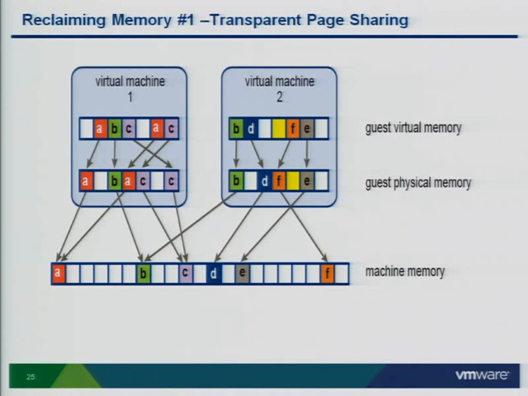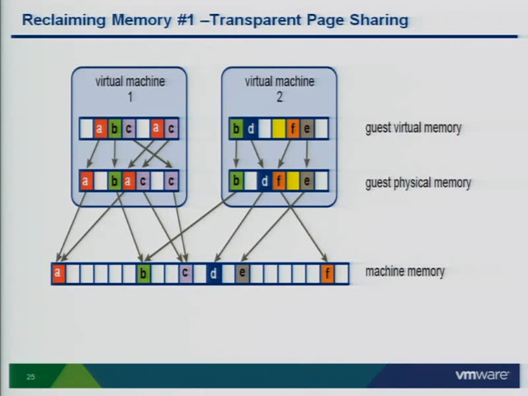Secondly, you'll notice that page B in the virtual machine number 1 and page B in virtual machine number 2, when ESX comes to store a virtual machine in physical memory, a page in physical memory, it's only storing one page. That's because there's a scanning algorithm inside ESX that's looking at these guest physical memory pages and saying, page B is a page of zeros, or it's a page of certain values.